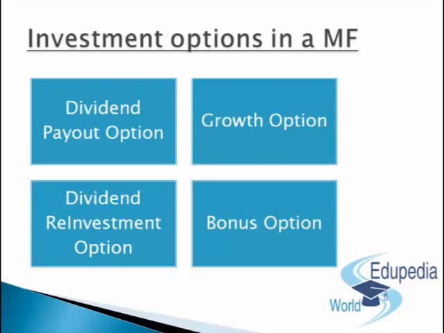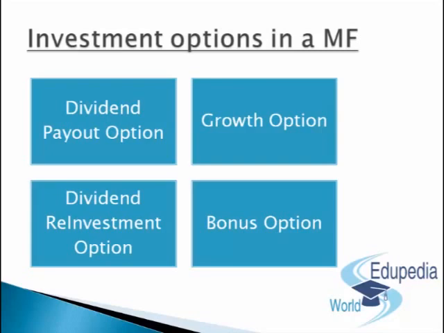So guys, the crux for all these four investment options available in a mutual fund is that the NAV of a growth option will always be higher than that of the dividend option, because money is going back into the scheme and not given to investors. NAV of dividend and dividend reinvestment plan would be the same after the distribution of dividend.